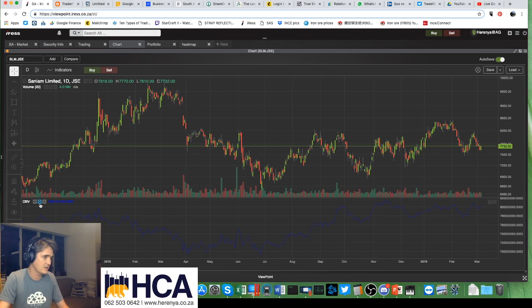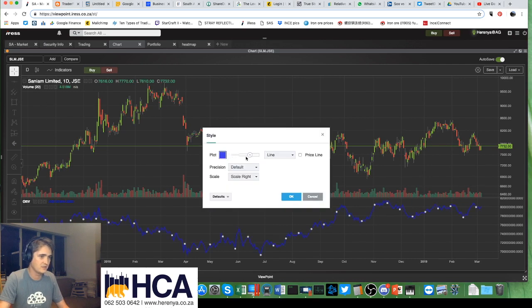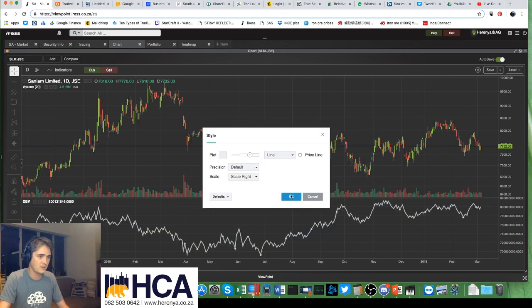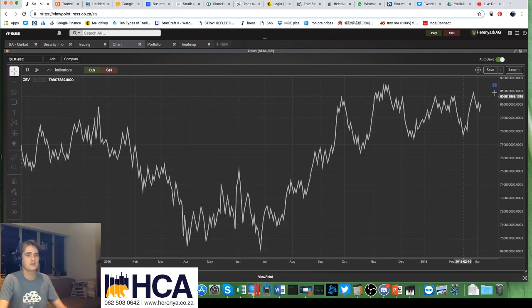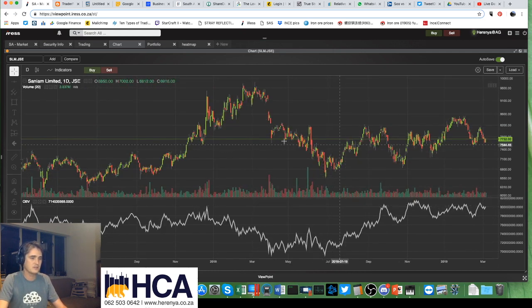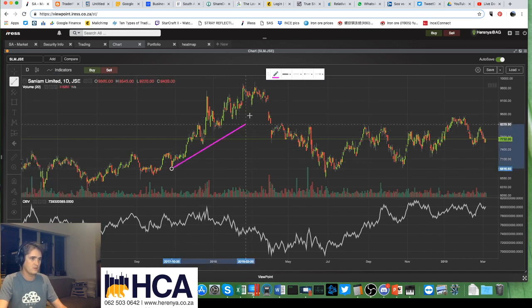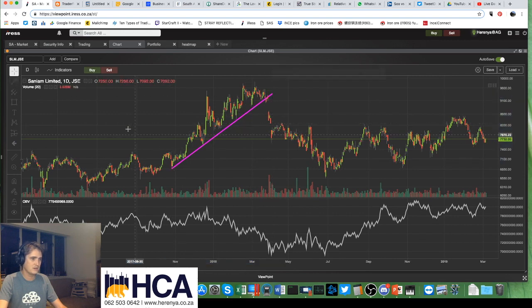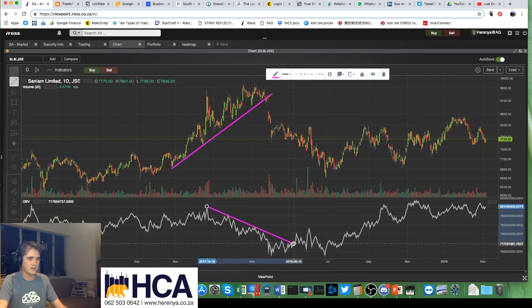So this is a very nice indicator for us to see what is happening. In a situation where you can see price is going up here, this is actually a beautiful example. We've got price going up, a beautiful uptrend, but at the same time we have OBV coming down.